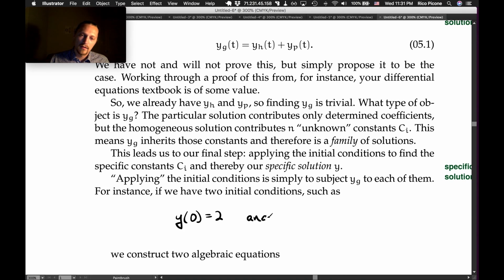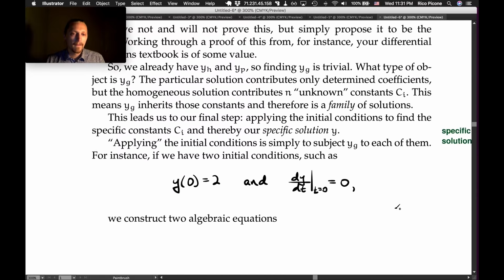And another initial condition might be dy/dt, the time derivative of the output at time equals 0, is equal to 0. I mean, these are just arbitrary. I just chose these as an example, right?